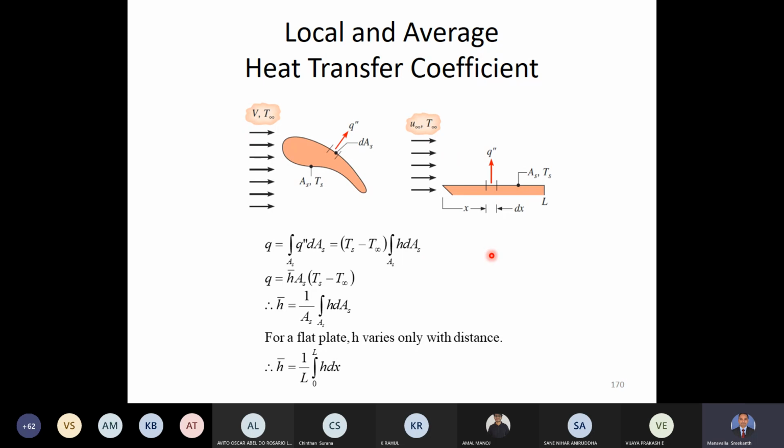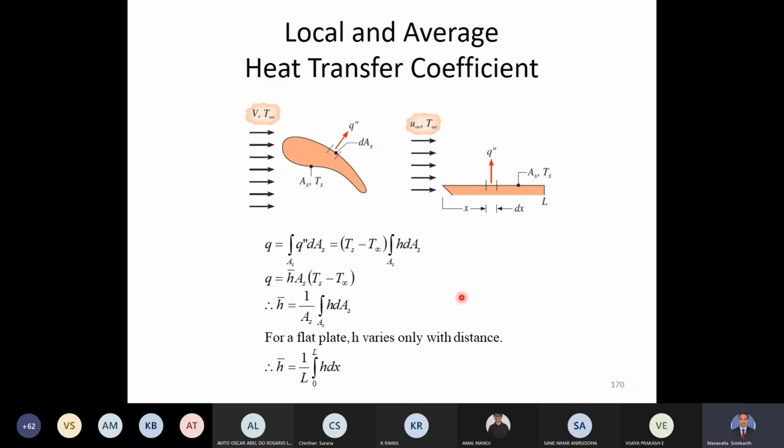Therefore, we should have some ways of estimating the average heat transfer coefficient. In your experiments also, if you look at the aim of the experiment, you will see that the aim is to determine the average heat transfer coefficient of natural convection in that particular experimental situation. Similarly, the average heat transfer coefficient in the forced convection experiment also.